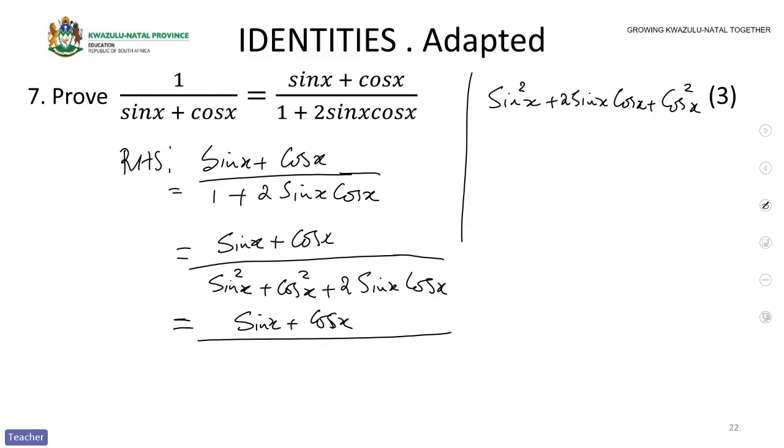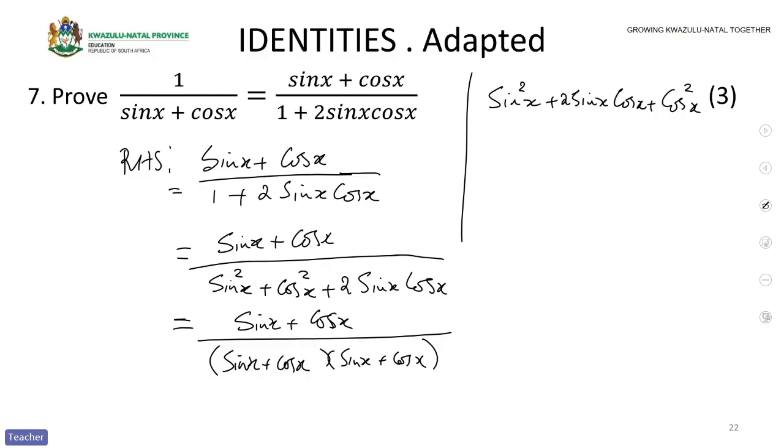This one is a trinomial. So to factorize this, we can open the parentheses twice. Therefore, it's going to be sin x plus cos x times sin x plus cos x.